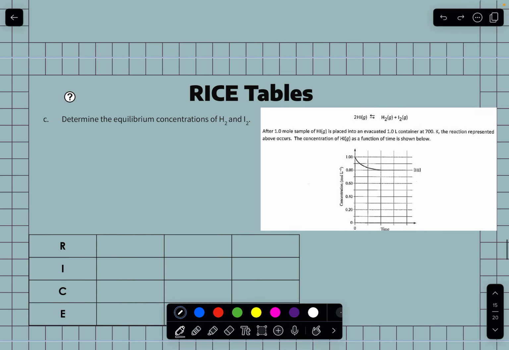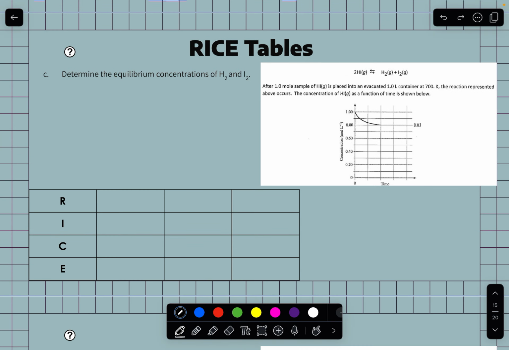The next part is we're going to determine the concentration of H2 and I2. So for our RICE table, remember the R is reaction, that's just the reaction as it is given to us. So we have 2HI, going to draw the arrows there, H2 plus I2.